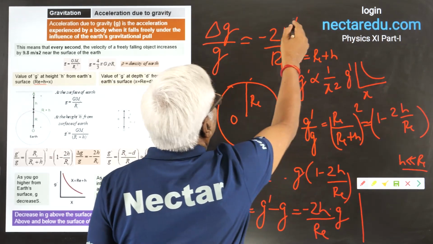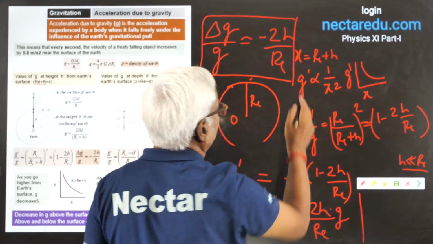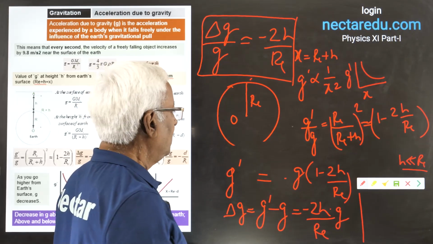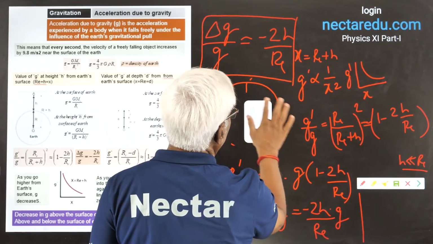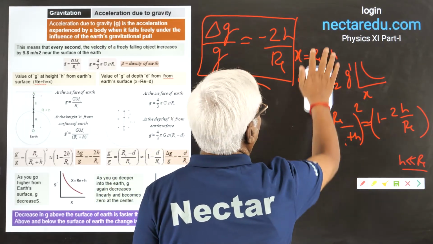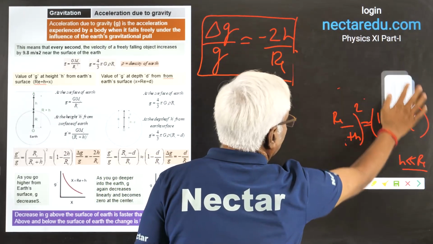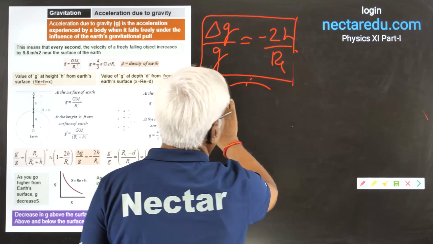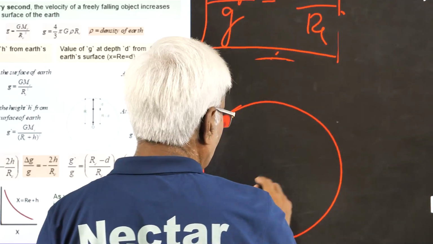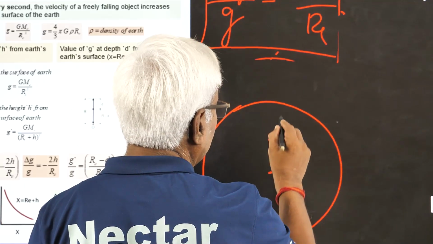This relation is applicable for all the points above the surface. Similarly, now I would proceed by considering the points below the surface of the earth, or in other words, under the surface of the earth. I'll consider the point over here.